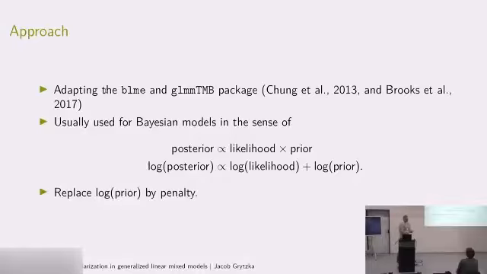It turns out that BLME has big problems with settings where P is equal to N or larger than N. So we have researched a new package, this GLM-TMB package, where every situation works. So we can handle P larger than N scenarios as well.